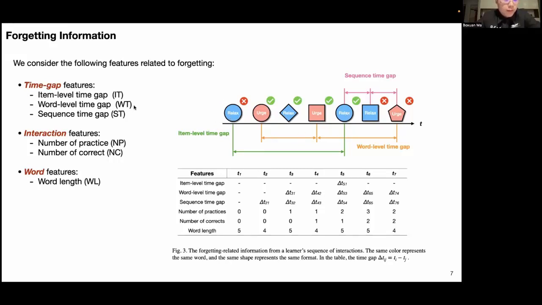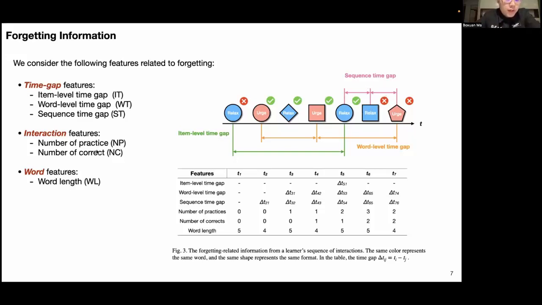For word level time gap, it is the lag time between the current practice and the previous practice with the same word, maybe in a different format. And the third is sequence time gap, which means the lag time between the current practice and the previous practice. In this case, the word and the format do not matter.